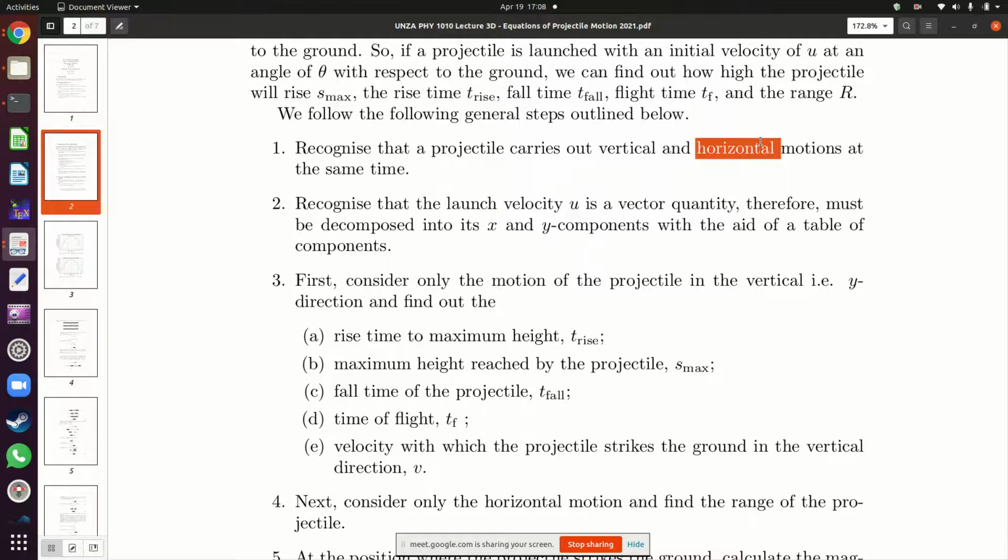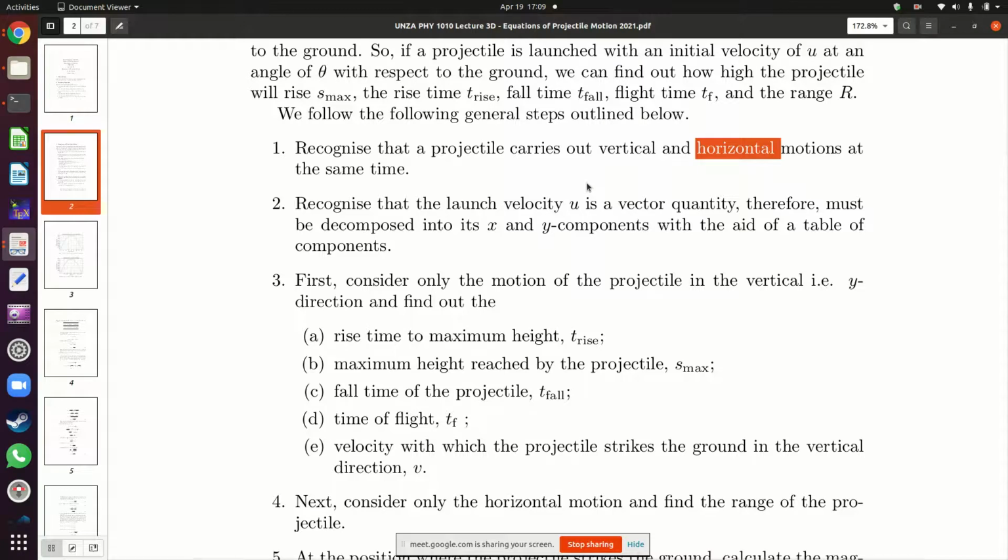Since the velocity at maximum height is equal to 0 meters per second, and this projectile in the vertical direction was launched with some particular value of velocity, it means that the velocity changed during the time it was traveling to maximum height. So that shows that acceleration is present in the vertical direction.